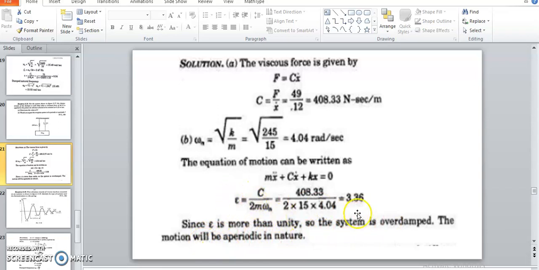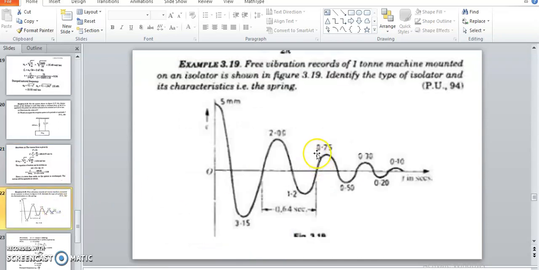From the zeta value, you know whether the system is overdamped, underdamped or critically damped. The overdamped and critically damped cases are aperiodic in nature. For the underdamped case, it is periodic in nature. So as zeta is greater than 1, it is an overdamped case, and for an overdamped case, it is aperiodic in nature.